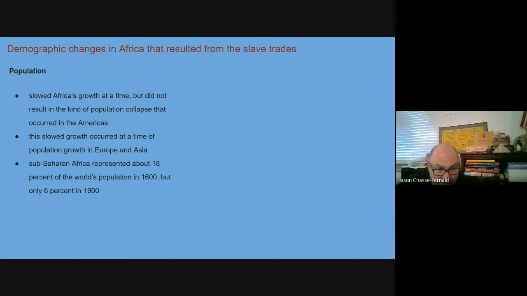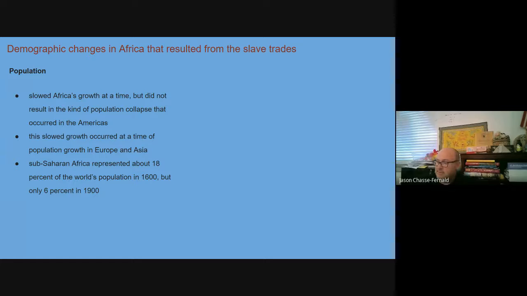So sub-Saharan Africa represented about 18% of the world's population in 1600. That means about 1 in every 5 people on planet Earth lived in sub-Saharan Africa, but only 6% in 1900. So what does that mean? That means from 1600 to 1900, Africa's population stagnated, while the population in the Americas, Europe, South Asia, and East Asia all increased dramatically.